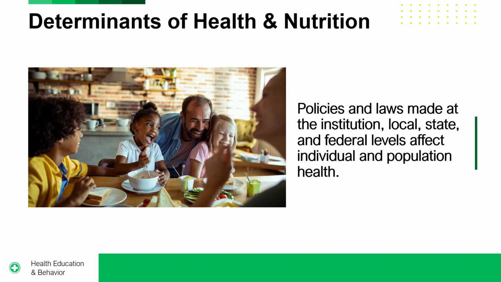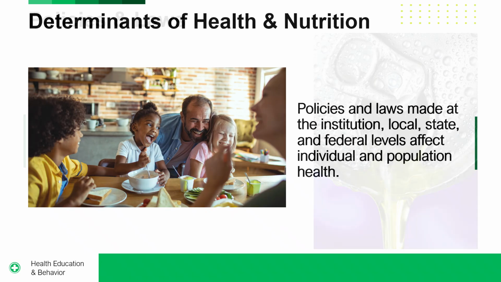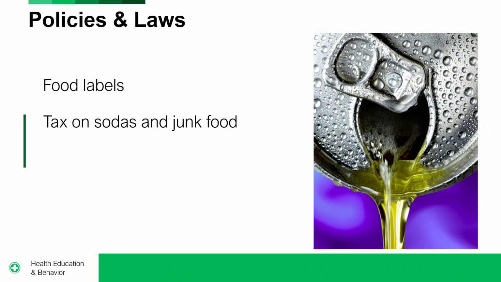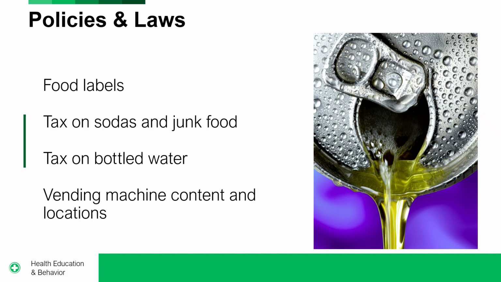Policies and laws made at the institution, local, state, and federal levels affect individual and population health. Let's look at policies and laws. Policies and laws can involve regulating food labels, tax on sodas and junk food, tax on bottled water, and vending machine content and locations.